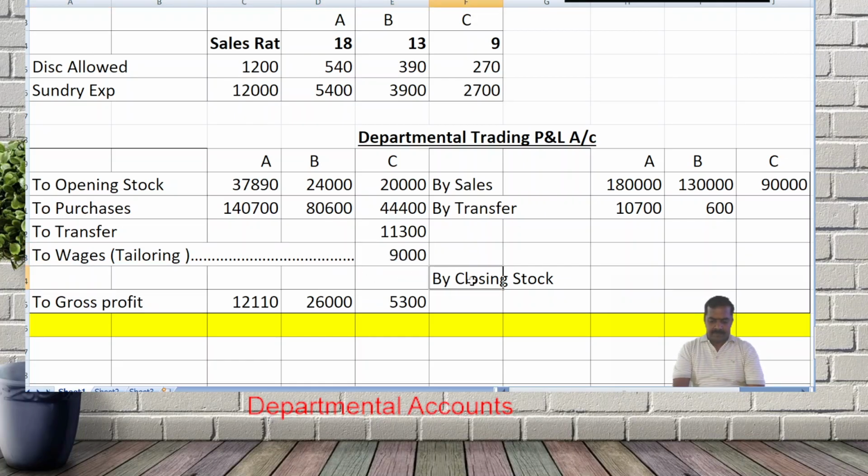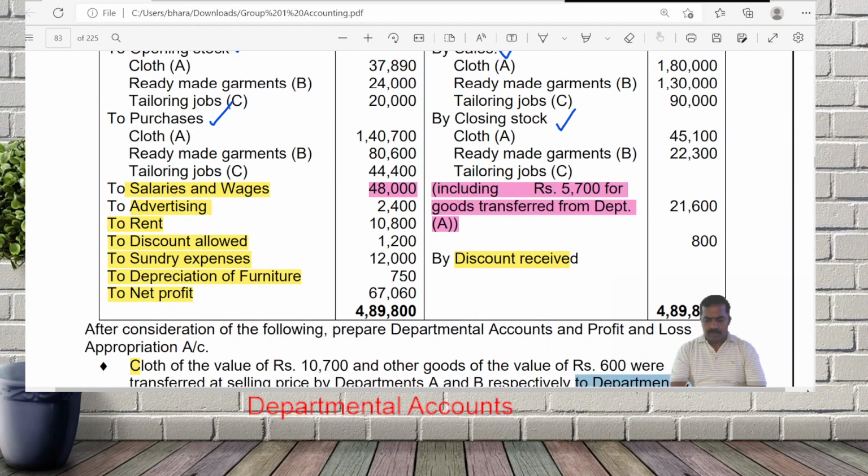Then closing stock. Look at the closing stock for departments A, B, C, given on the credit side. Closing stock 4,500, 22,300 and what? 21,600. We will see the transferred stock later; that is only for stock reserve removal.